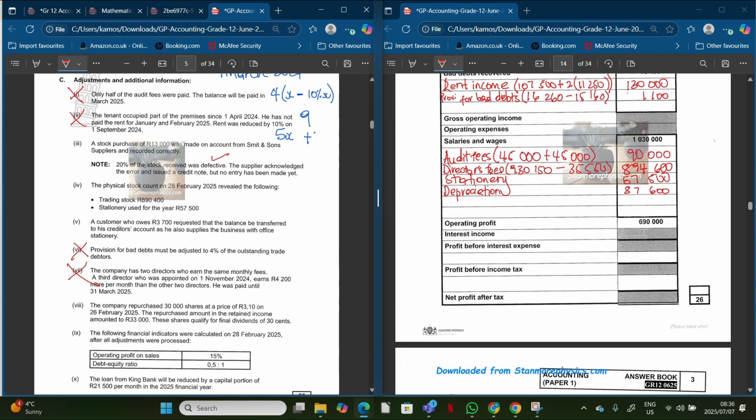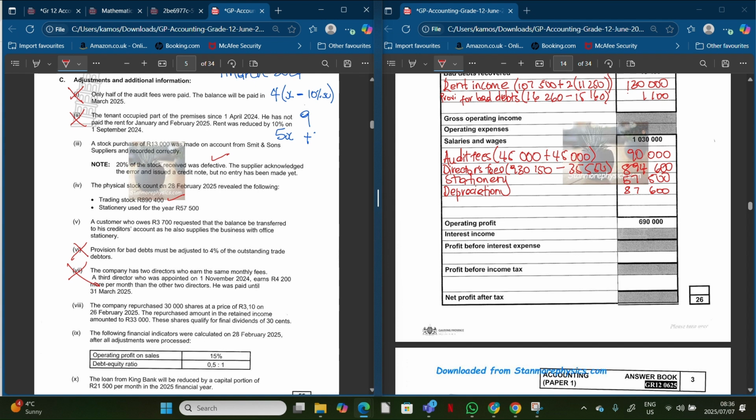The supplier acknowledged the error and issued a credit note, but no entry has been made yet. So now it means that we have a trading stock deficit. Why am I saying that? I'm saying that because we lost stock basically, right? We lost stock, and there's also a physical stock count that happened. So we need to see whether we have a trading stock deficit or a trading stock surplus, right?